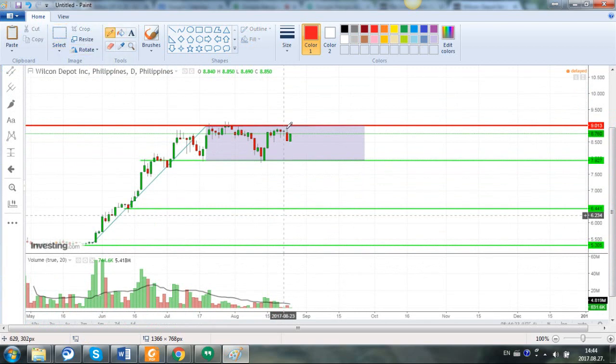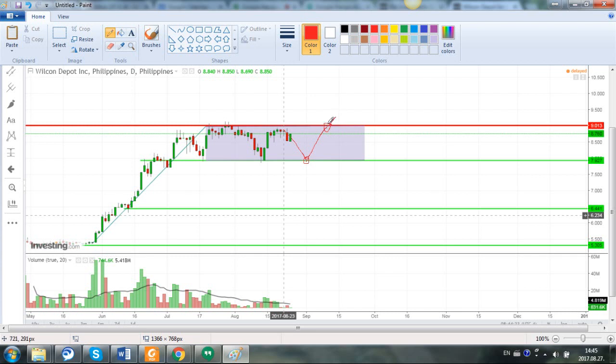So if you know that this is sideways, you know that it's going to that, and there is a possibility of bouncing back. Therefore, this is a good buying price. And you know that it will bounce back. And if you see that there is a sell signal using other indicators, then you may sell at that point. So meaning, if there is no chance of breaking out, then you may sell at this point.